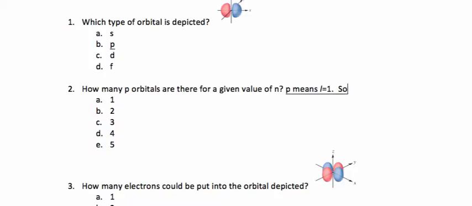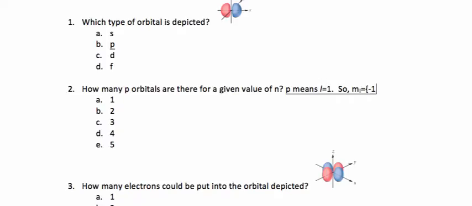So m sub L varies from negative L to positive L in steps of 1, going all the way through 0. So the set of numbers that m sub L could be, let's make this an m sub L. So what could m sub L be equal to? m sub L could be equal to any one of these numbers.